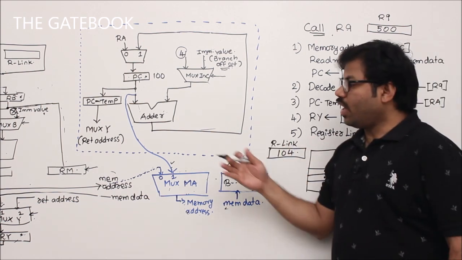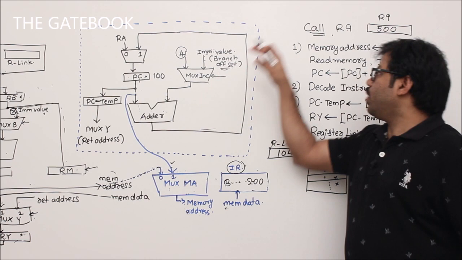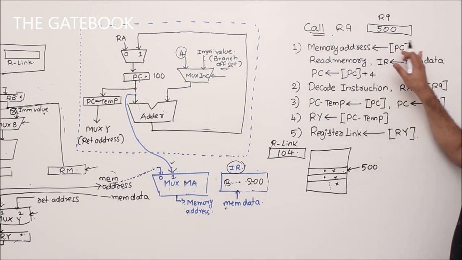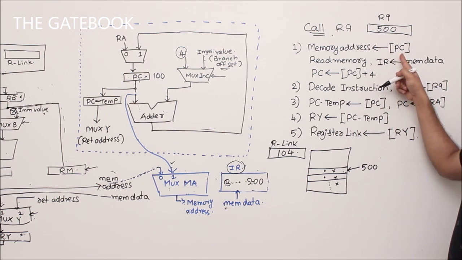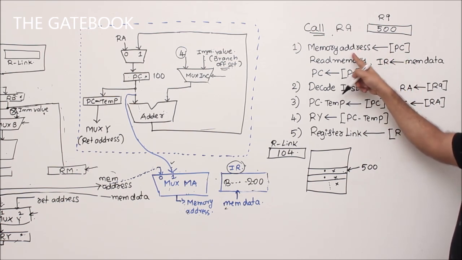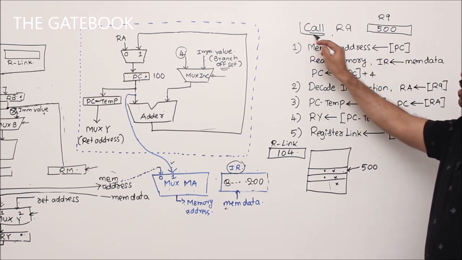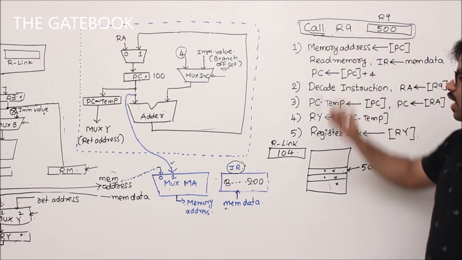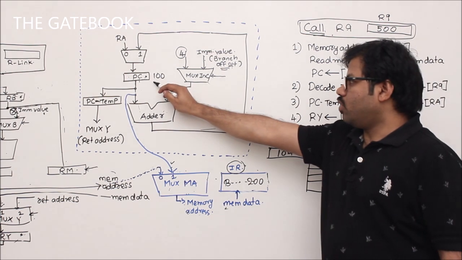Now you see how this circuit is going to execute this call instruction. We will see. First step, as usual, the memory address is whatever the data is in program counter, that you execute, correct? So first of all, this instruction will be fetched. Assume that this is the instruction at the current program counter address.